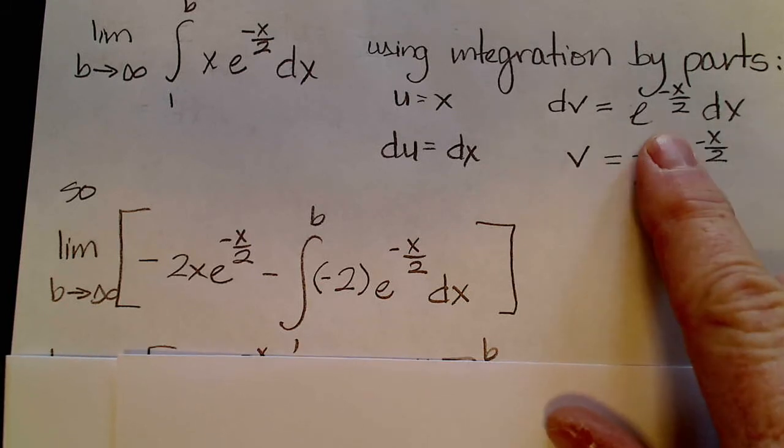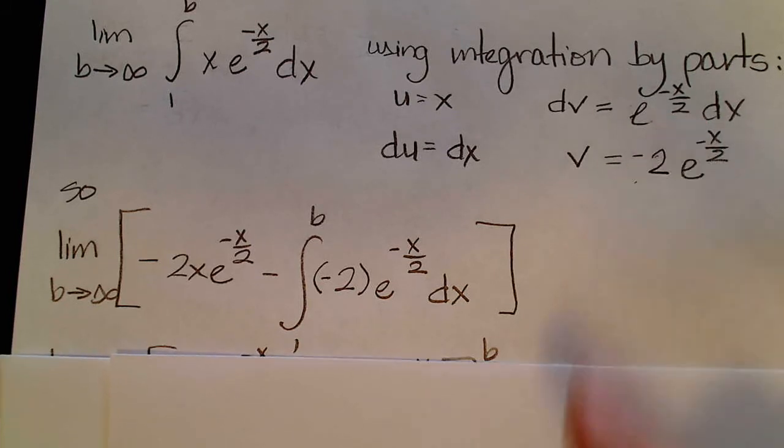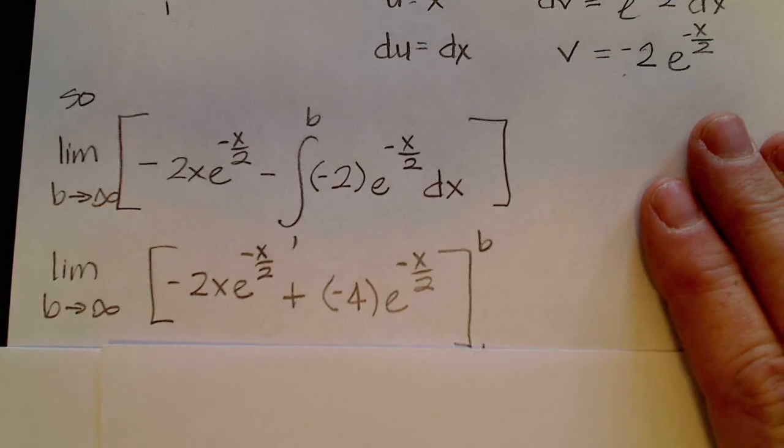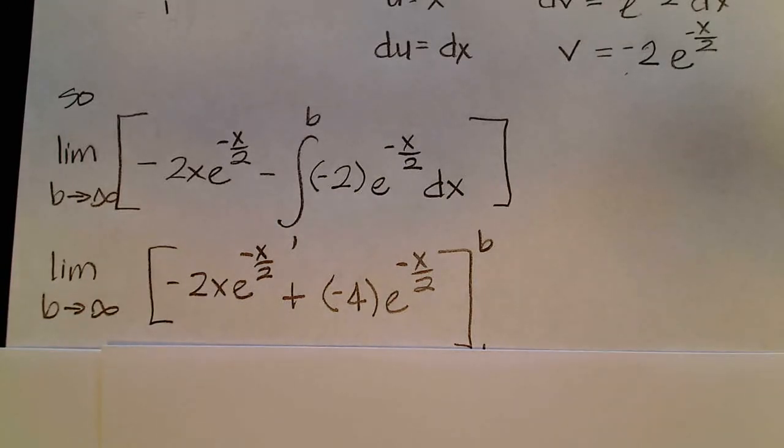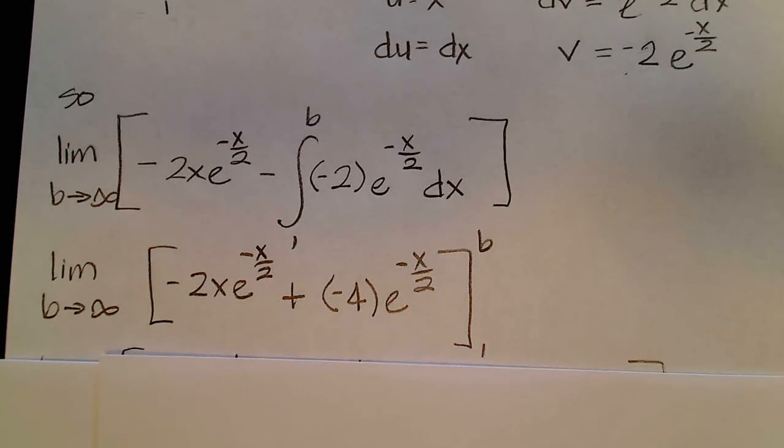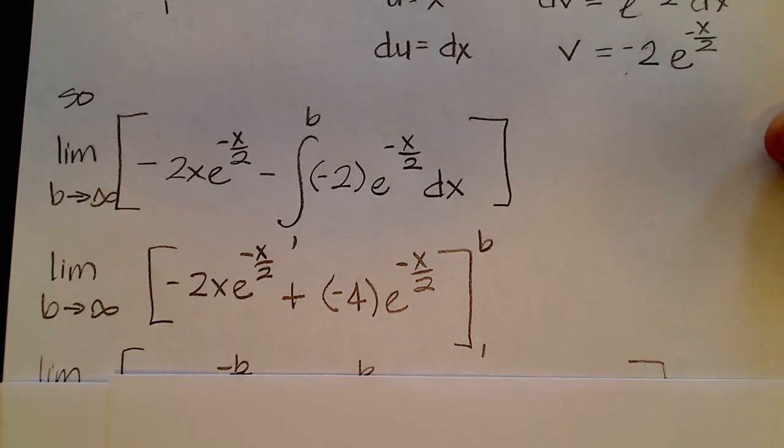Well, we basically did that integral right here. So we end up with the limit as b goes to infinity of negative 2x e to the negative x over 2 plus negative 4 e to the negative x over 2, evaluated from 1 to b.